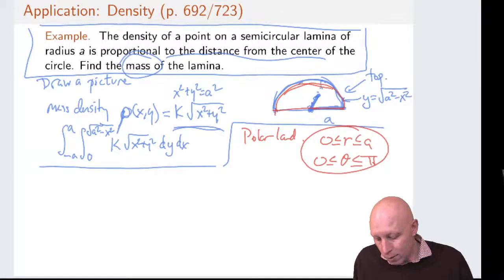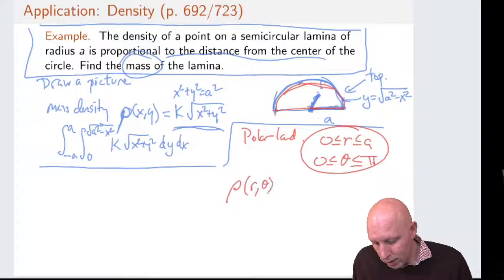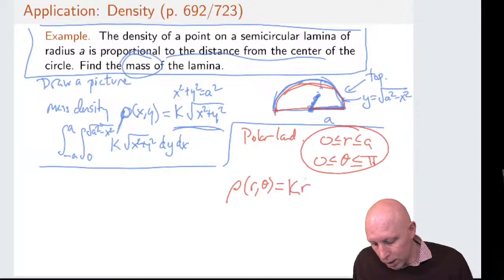And then what about our function? Our function rho of x y, oops, sorry, not rho of x y, because we're not dealing with x and y. Instead, what about rho of some coordinates r and theta? It's going to be some constant times the distance you are from the origin.